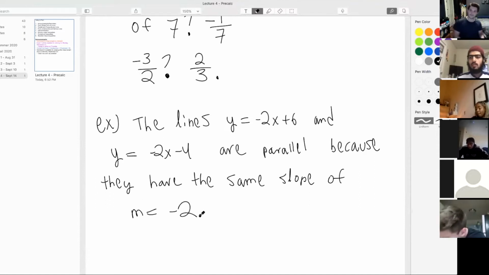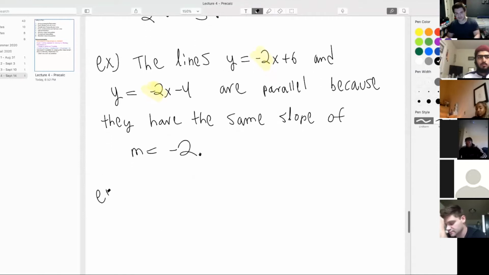That can be read off immediately because these lines are in y equals mx plus b form. The slope of the first line is -2 because that's the coefficient of x, and in the same way the slope of the second line is also -2. By our fact earlier, if two lines have the same slope, we know for sure that they are parallel.